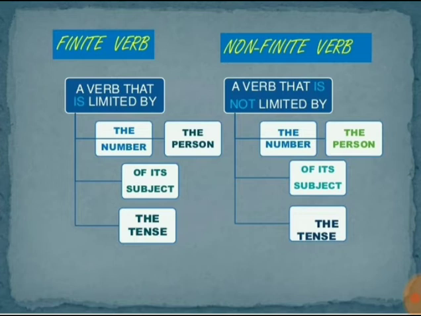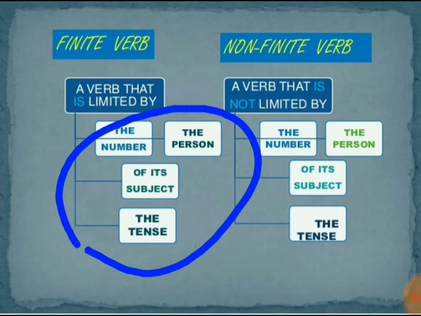Now these numbers work as the subject. Okay, according to the subject in a sentence the verb is used. Okay, now next is it is determined by the tense also. So all these points make limitations for a finite verb.